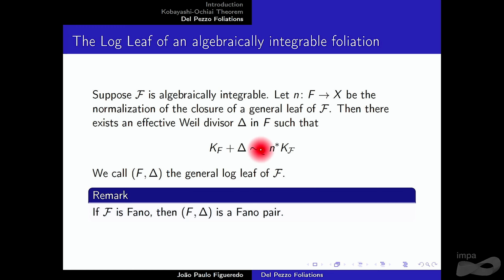Its pullback will also be negative, so this K_F plus delta will be negative, so the pair (F, delta) will be a Fano pair. So this is a very nice characterization of the leaves. So if the foliation is Fano, its leaves are of Fano type, if they are algebraic.